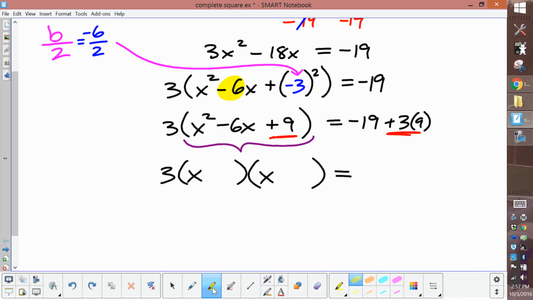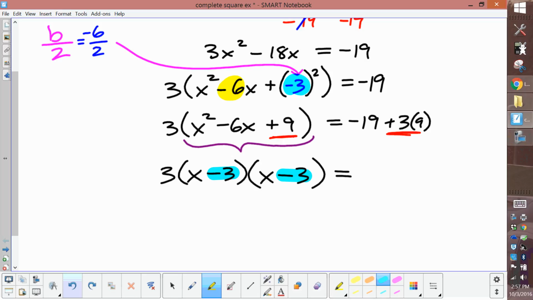I notice that my signs have to be the same, and they both have to be negatives. So negative, negative. I'm looking for 2 numbers that multiply to 9 and add to 6, and they happen to be negative 3 and negative 3. Now, if you're not very good at factoring, one nice thing you'll notice, whatever goes in these spots, I've already kind of determined from up there.